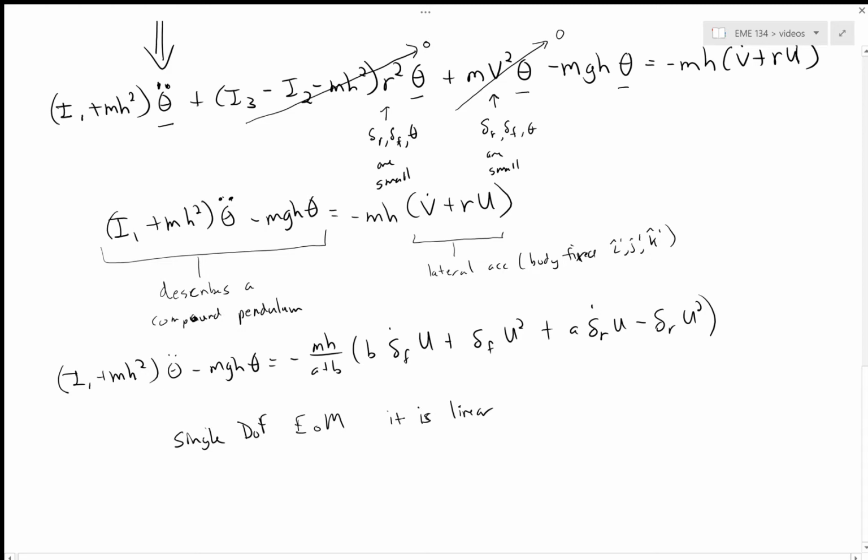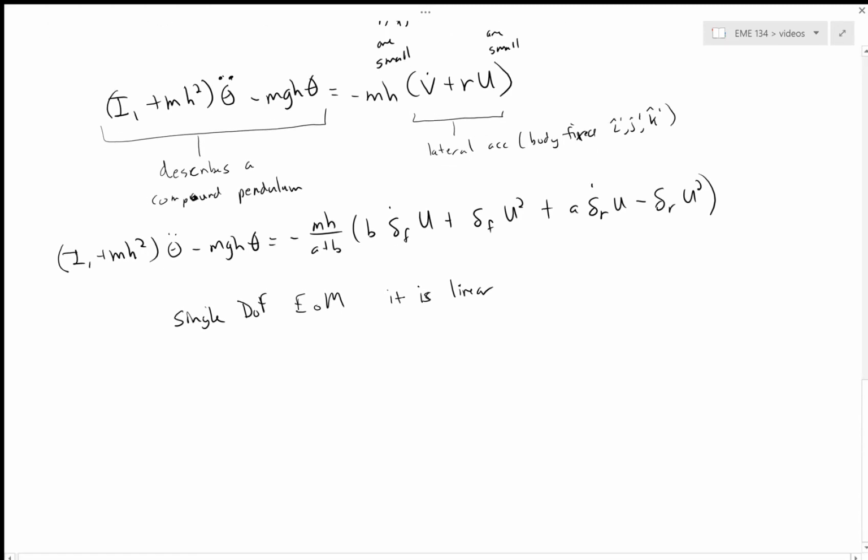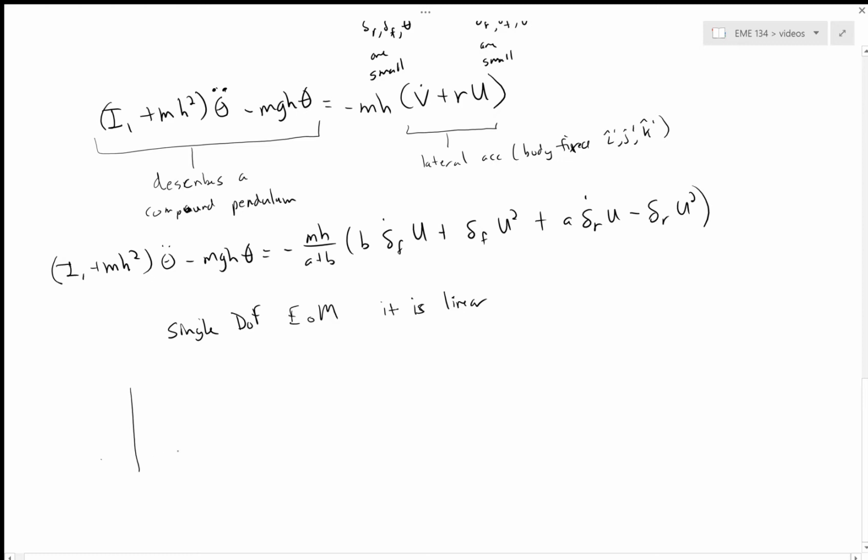So I want to speak one last thing. That left-hand side I mentioned looks like a compound pendulum. You've probably seen, if I have theta, and this is m and some I, and there's an mg force acting on this system, then the equation of motion ends up being I plus m L squared, theta double dot, minus mgh theta.